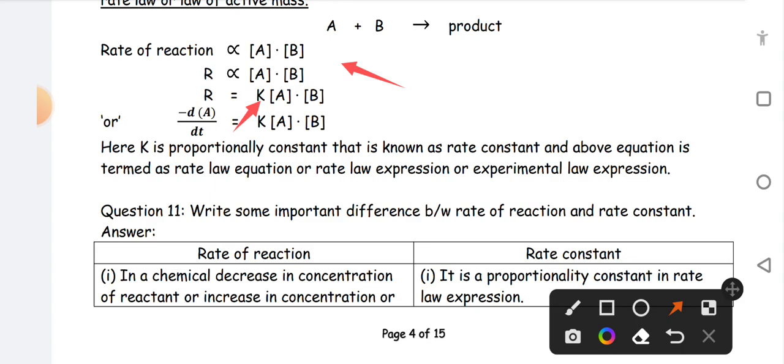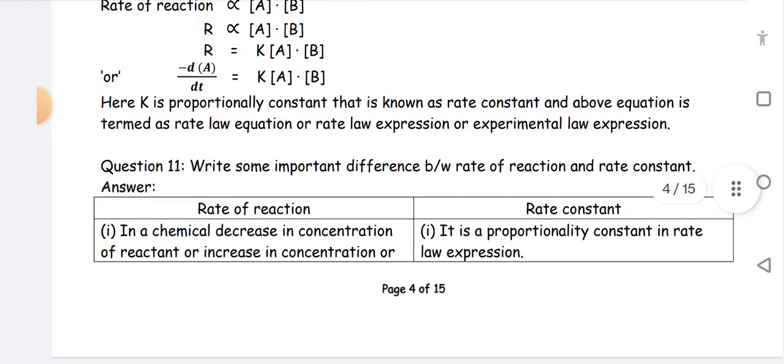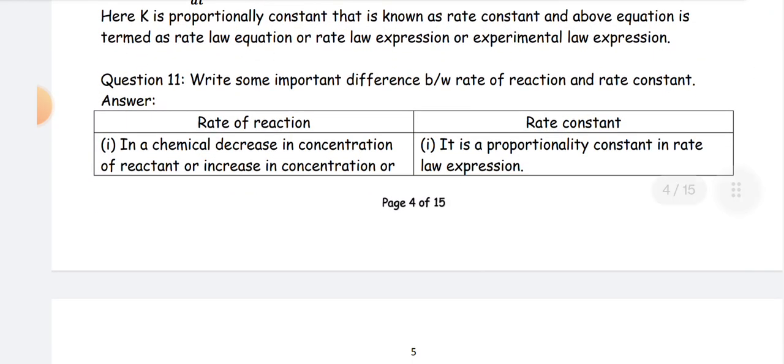An important question for MP board and also for CBSE board: write some important differences between rate of reaction and rate constant. Rate of reaction is the decrease in concentration of reactant or increase in concentration of product in a chemical reaction. Rate constant is a proportionality constant in the rate law expression. What is the rate law expression?